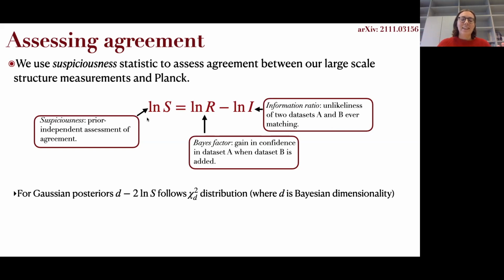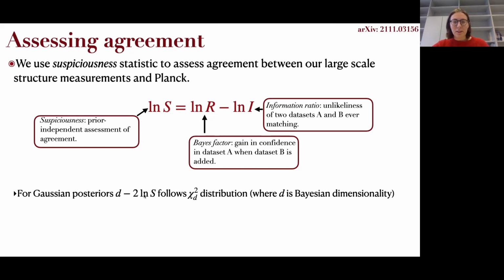The issue with assessing consistency in a way that depends on priors is that if we have a very, very large prior and our two datasets are somewhat close but not quite, 2 to 3 sigma away, they will look very consistent in relation to this wide prior. Suspiciousness tries to remove these wide priors and assess consistency in a prior-independent way.